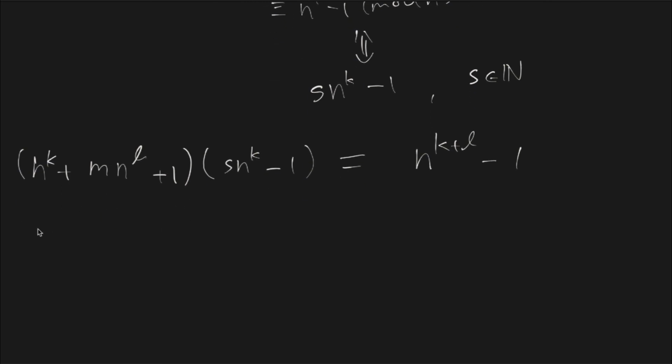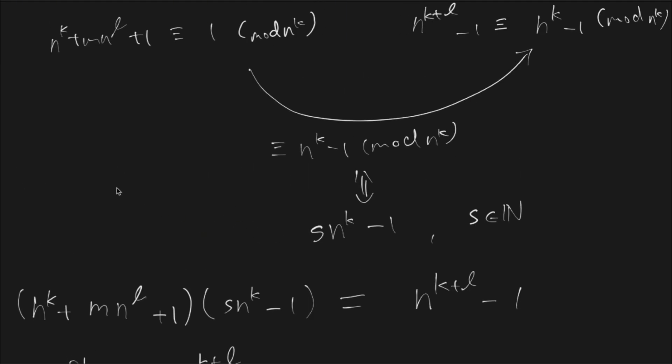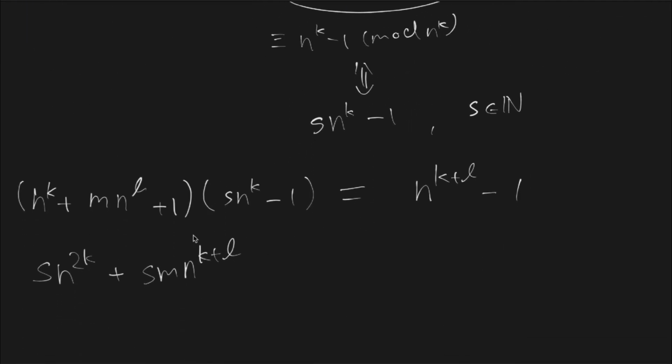Alright, so if we expand this, we should get s n to the 2k plus sm n to the k plus L. By the way, L should be greater than or equal to k up there, so this thing should be bigger than that in a sense. Plus s n to the k, and then minus n to the k minus m times n to the L minus 1, and this is equal to the right side. So we can simplify a bit.